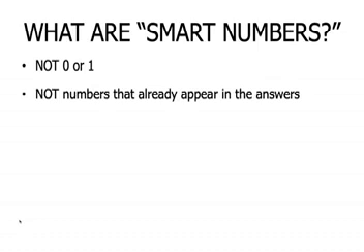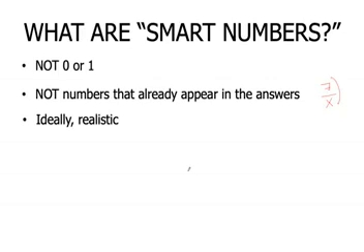Along with that, you generally don't want to pick numbers that already appear in the answers. And the reason for that is if I have an answer option, for instance, like 7 over x, and I pick 7 for x, well, then this is just going to become 1. And then we have the same problem as we do up here. Finally, and this is pretty optional, but if you want to try it, I would recommend it.